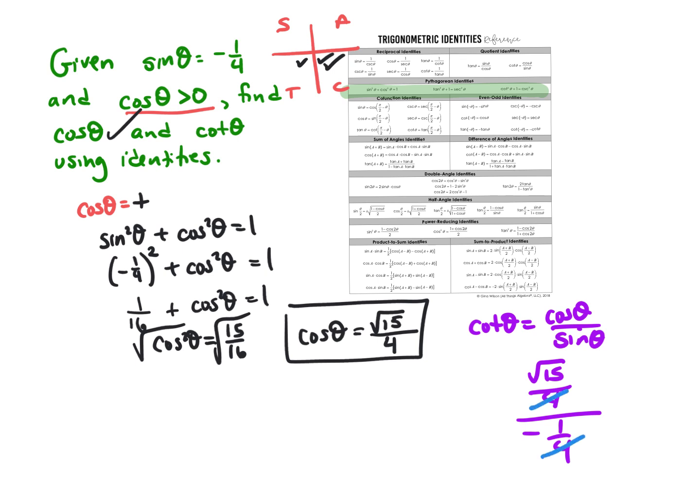So I can cross out the 4, and I get radical 15 over negative 1, which is simply negative root 15. So we can use these identities to find these values. Sometimes it's almost easier to set up a triangle in a given quadrant, but these identities will typically always find you these values as well. So give these problems a try. If you have questions, let me know and we can certainly work on them together.